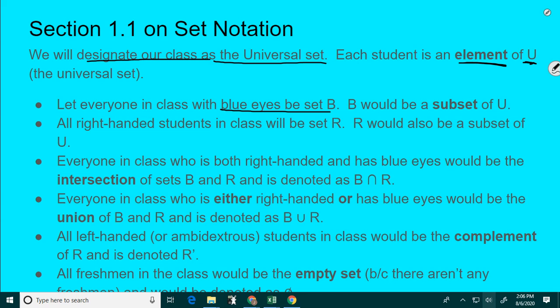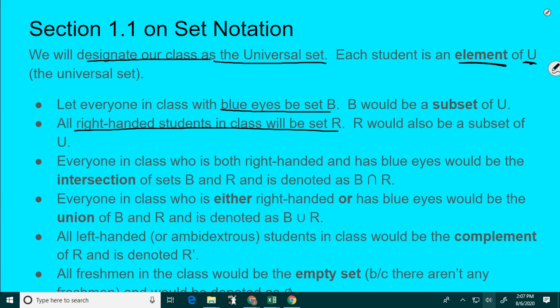We would also say brown eyes or green eyes are all subsets. And I would also call all right-handed students set R. That's another subset. So B is blue-eyed people, R is right-handed.